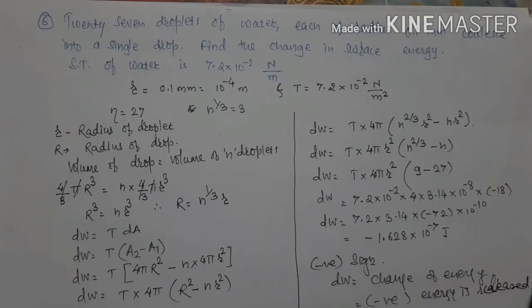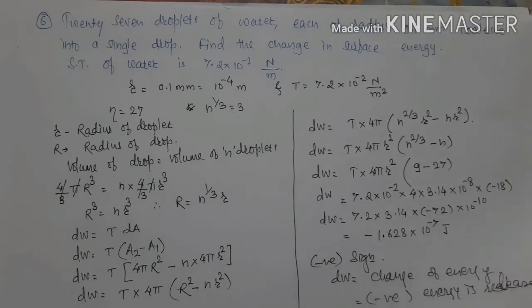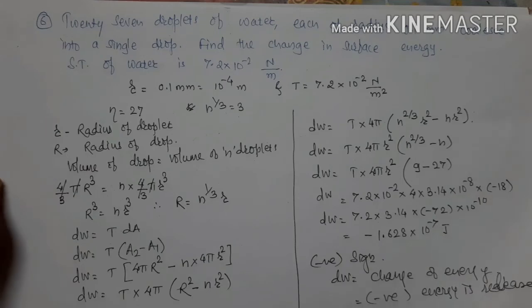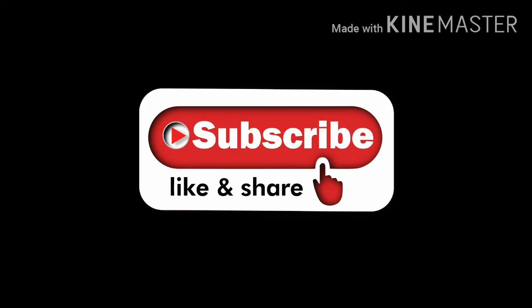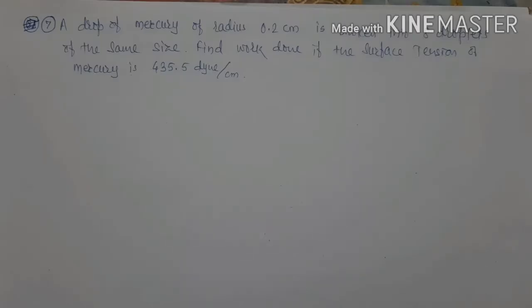Here what happened is that with increase in surface area there is increase of energy, with a decrease in surface area there is decrease of energy. Therefore, when n droplets combine to form a single drop, there is decrease of energy, means energy has been released. This is the answer for that. Then we will go for the next.